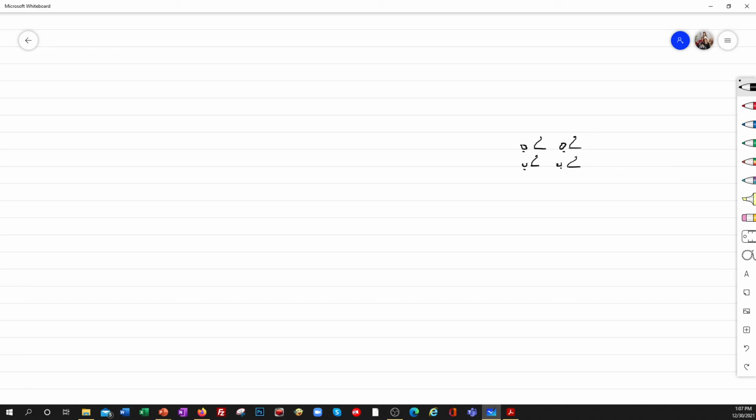So let's write all of them together: Alep with the zqapa, with the pthaha, with the zlama pshiqa, with the zlama qshya, with the rbasa, O, with the rwasa, U, and with the hbasa. I'm sorry for this one, this one should be like this, with the hbasa.